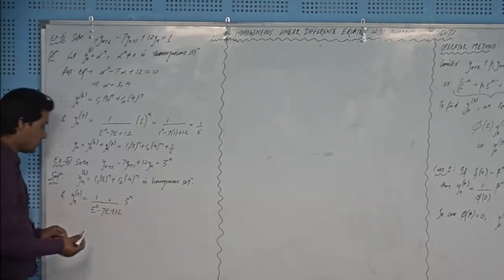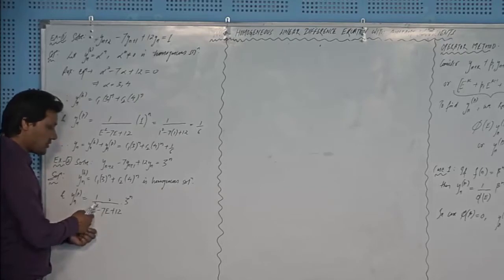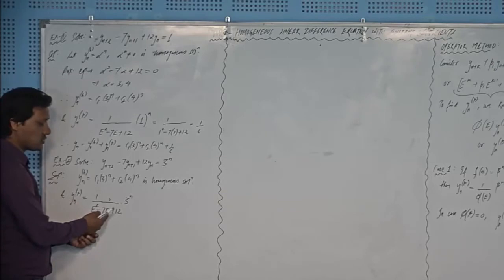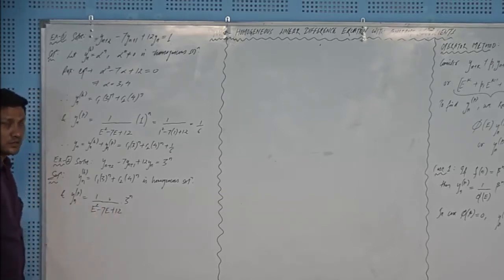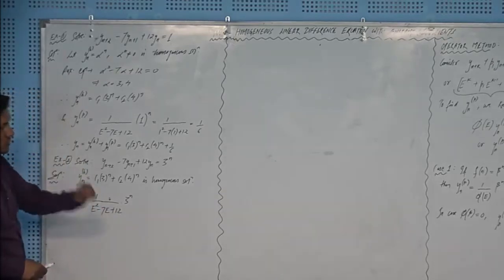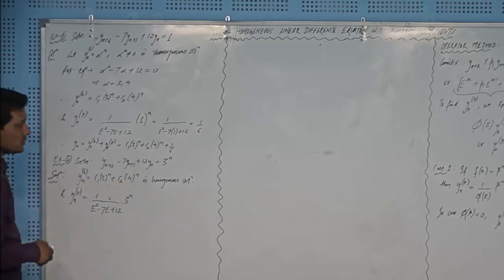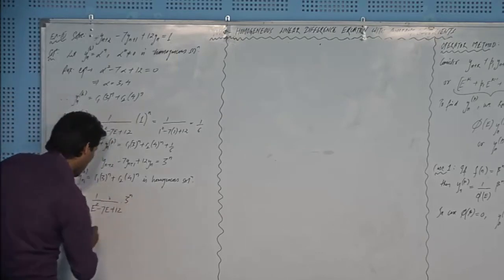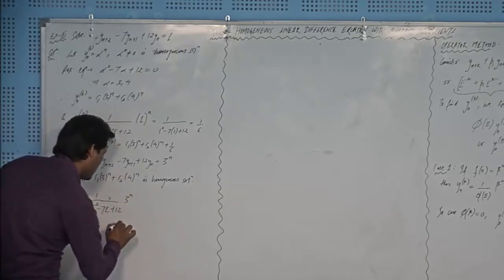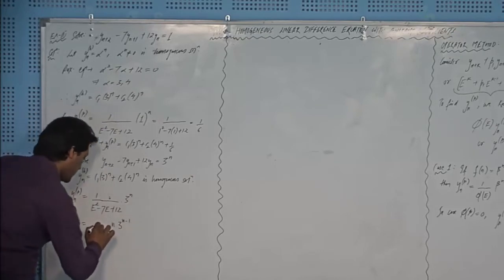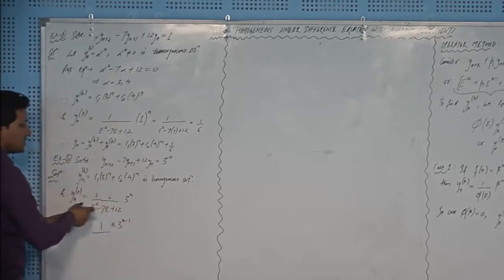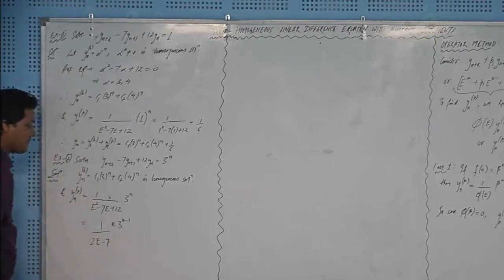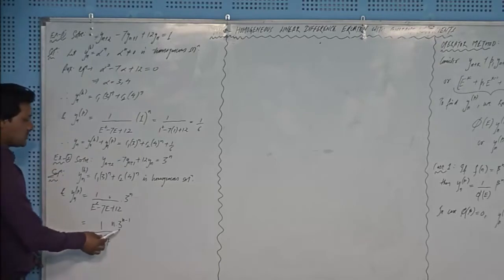But be careful: you get 3 squared, that is 9, 9 plus 12 is 21, 21 minus 21, and you are getting 0 in the denominator. So you cannot use that rule directly; you have to use the alternate formula when the denominator goes to 0, and that formula is n times 3 to the power n minus 1, and in the denominator the differentiation of this polynomial with respect to capital E, that will be 2E minus 7.